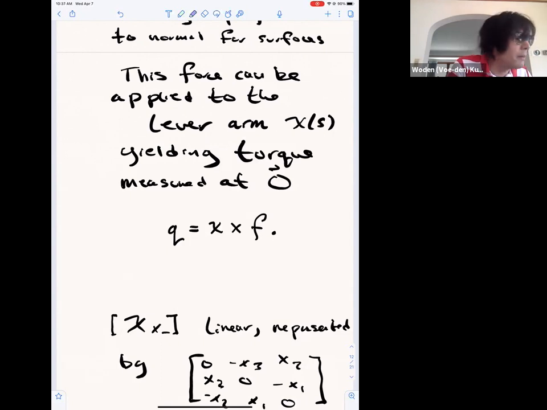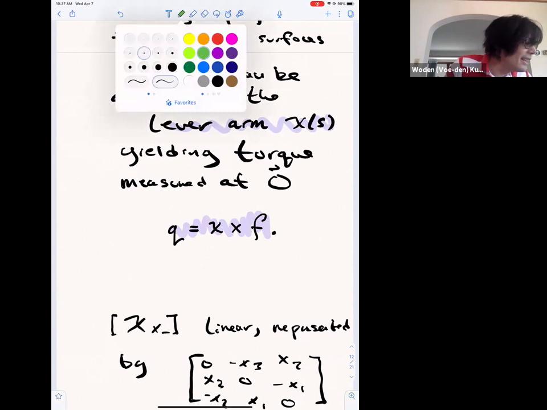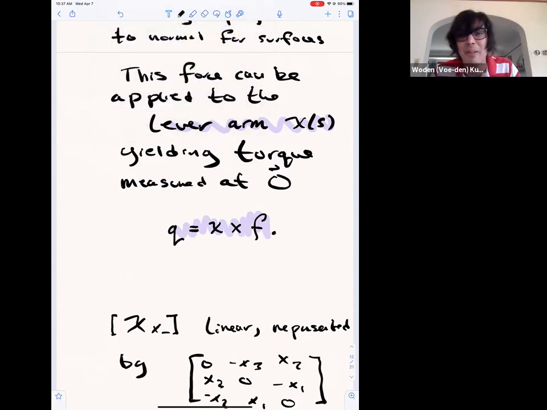So we've got some lever arm to that point, and there's going to be some torque measured at the origin. What is that torque? Well, it's the lever arm, that's the value of our point X, cross the force. It's displacement cross force. We might worry about a choice of sign, but signs are all going to get suppressed here anyway.